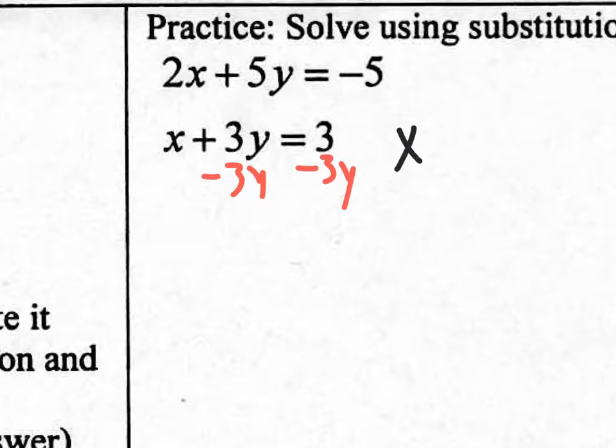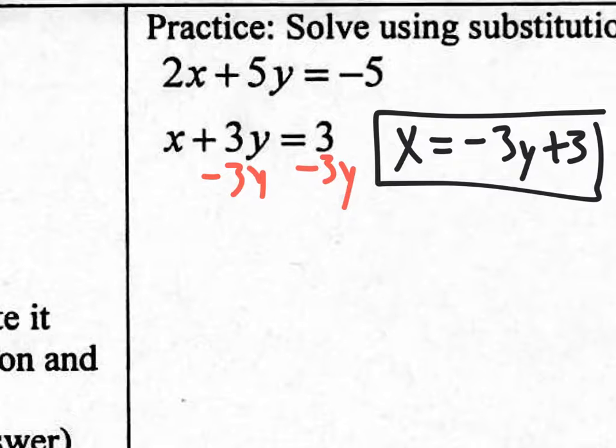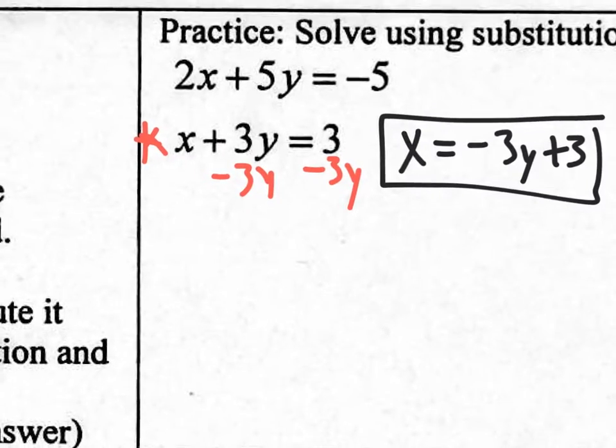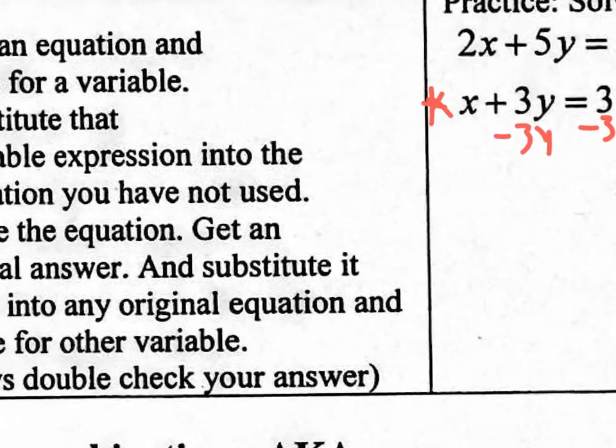This says x equals negative 3y plus 3. That's step 1 right there. You picked an equation, we picked this bottom one, and then we solved for x. So what do we have here? We have x equals negative 3y plus 3. Let's go back to the steps and see what else it tells us to do for step 2.